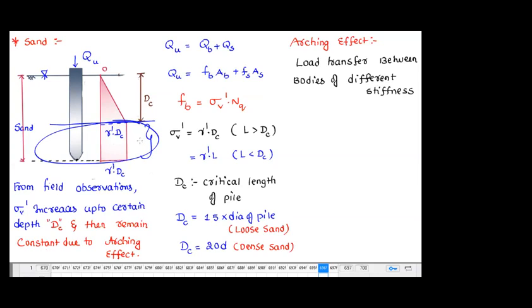So below this DC depth, the pile and the soil attain almost similar stiffness. When the stiffness is same, then there is no arching effect.